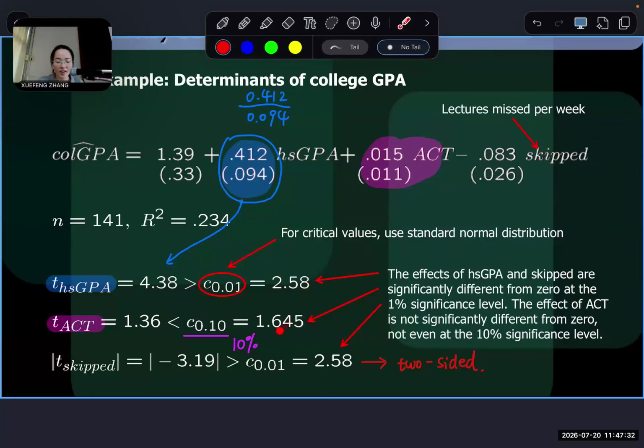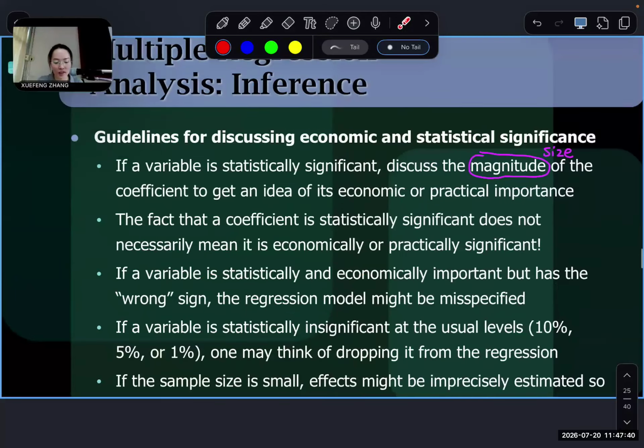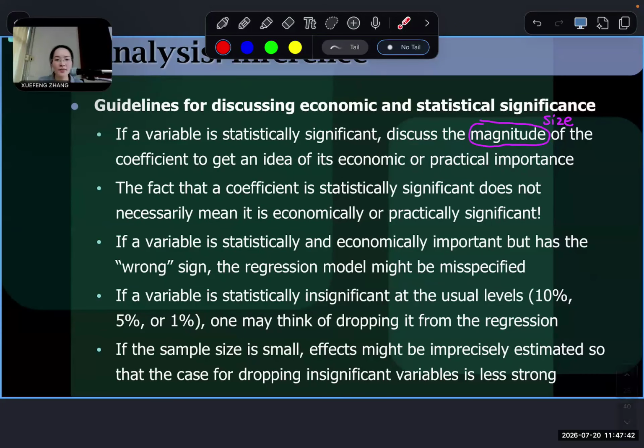So next time when you get a statistically significant result, you also check the size. This is the first point. Next one: the fact that a coefficient is statistically significant does not necessarily mean it's economically or practically significant. Statistically significant does not mean economically significant.